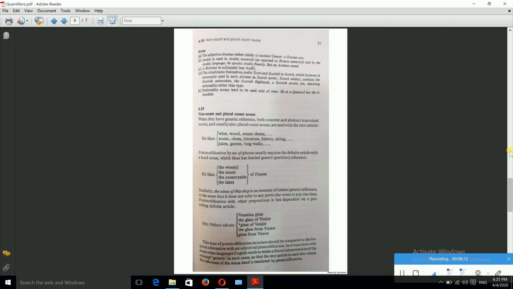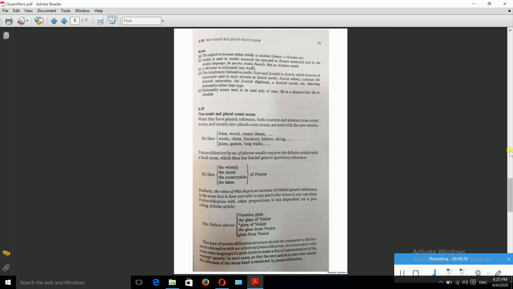Post-modification by an of-phrase usually requires the definite article with a head noun, which thus has limited generic or partitive reference. He likes the wine. Post-modification is the structure made of two nouns linked by of, my dear students, where the noun before of is preceded by the definite article.